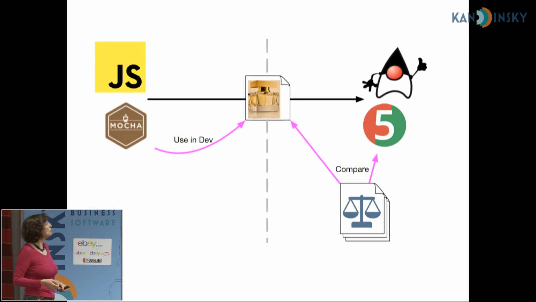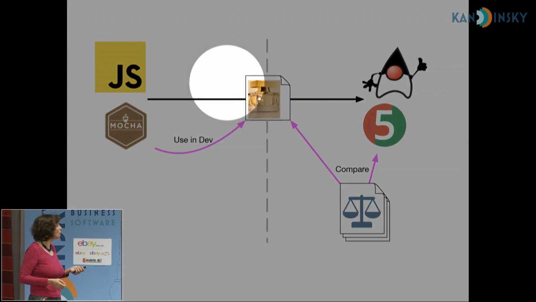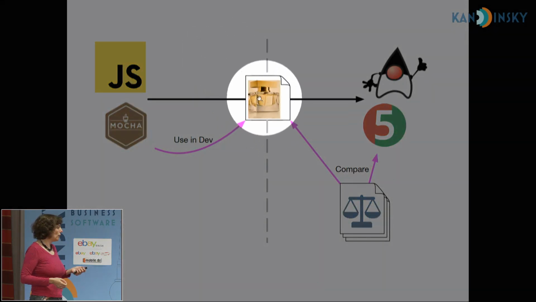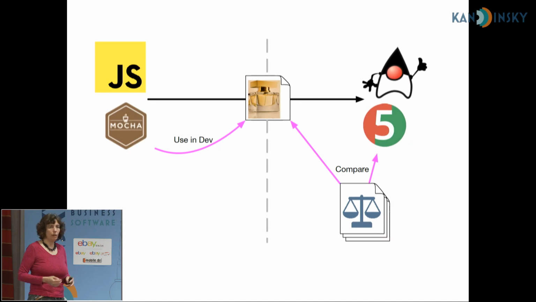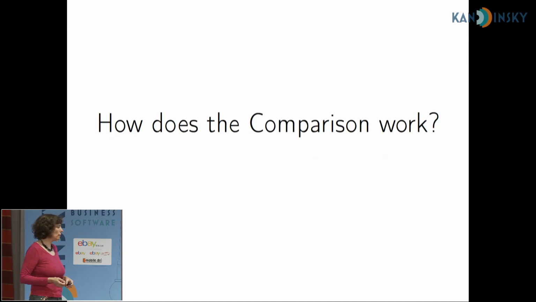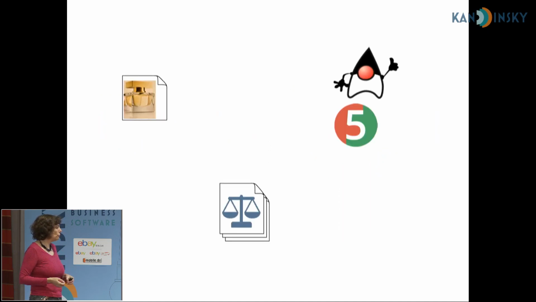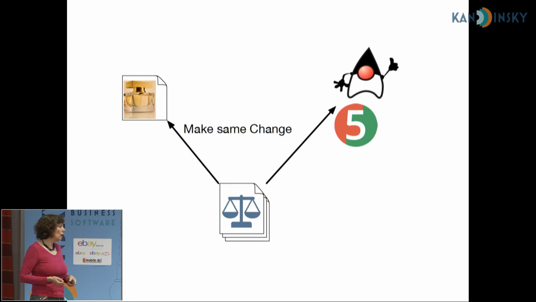So now back to our overview picture. Here we have the functional essence, and now we've had a look at how to implement this. The other new thing is this comparator, where we want to compare the functional essence and the backend. How does this actually work? If we have this functional essence and the actual backend and our comparator, what should it do?